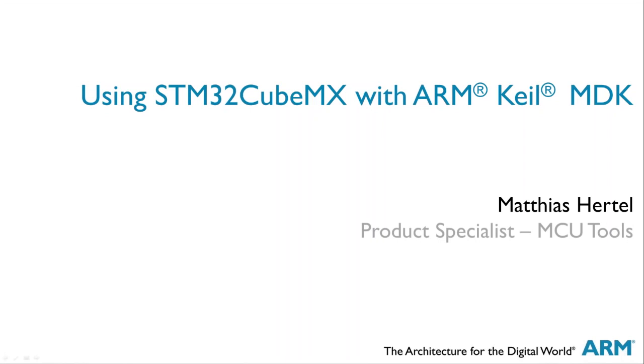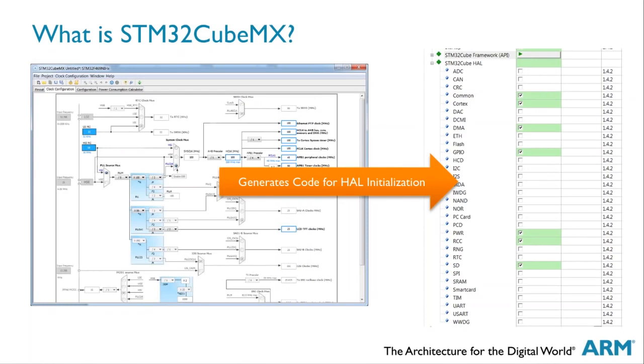Before we start with the hands-on, I'd like to make sure that we are all aware of what STM32CubeMX is, what it can do for me, why should I use it.